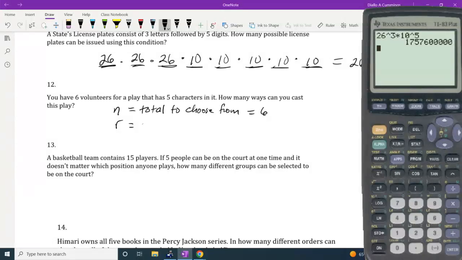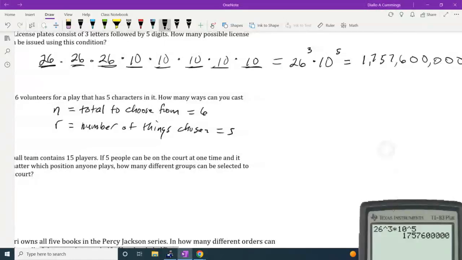R is going to be the number of things needed or number of things chosen. So out of these 6, how many are we going to actually choose in the play? 5, right? Because there are 5 characters.